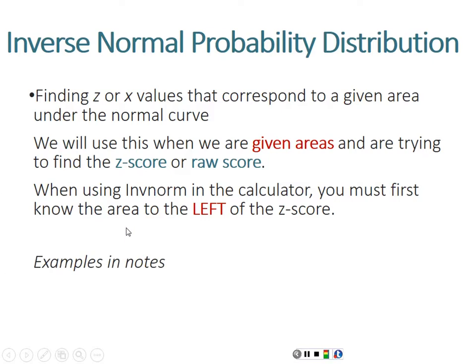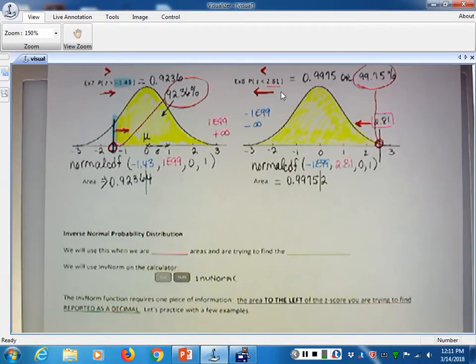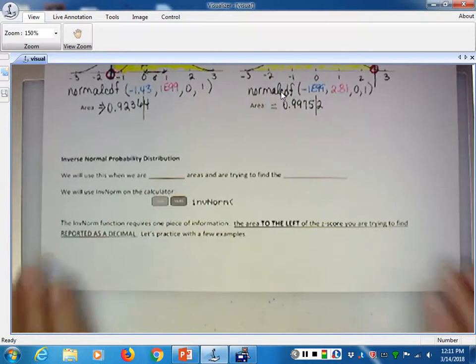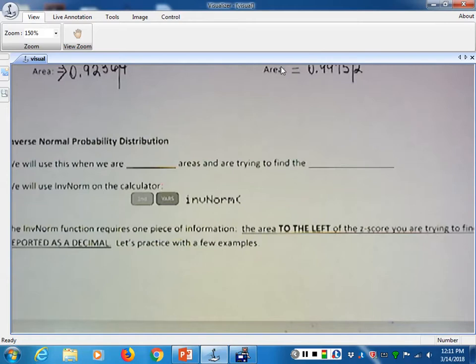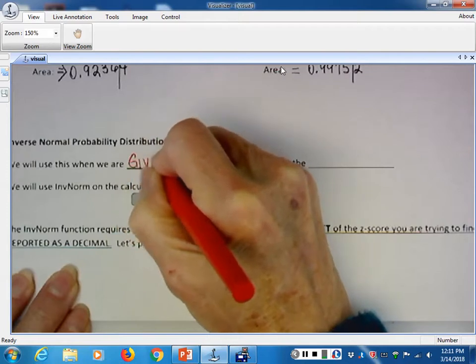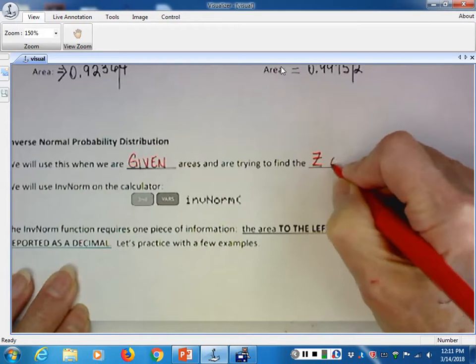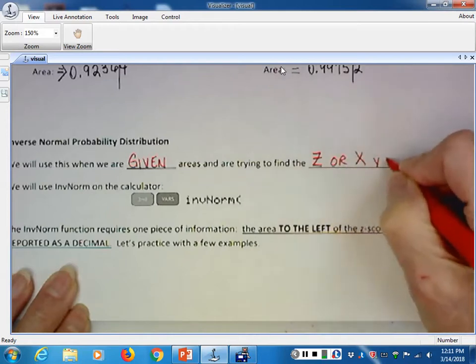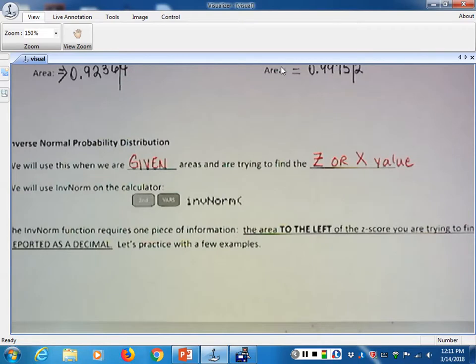So we're going to do some examples from the notes again. We're going to begin by reminding you that we're going to use this when we are given areas and are trying to find the z or x value. The difference between finding z and x is really simple.